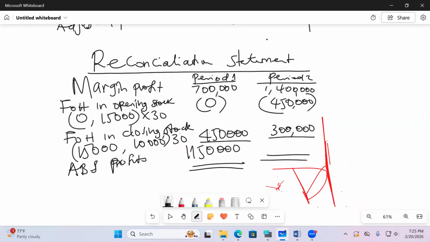And then period 2, we have 1.4 million minus 450,000 plus 300,000, which gives us 1,250,000. Now go and look at the P&L that you did under absorption and see whether the figures are agreeing. Are they the same as these ones? So they have reconciled.